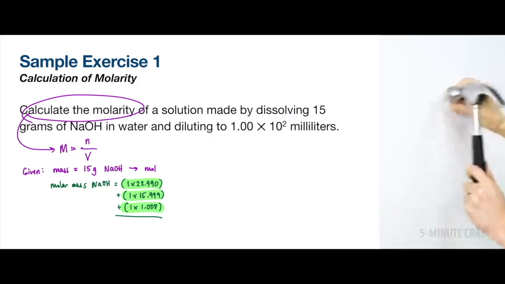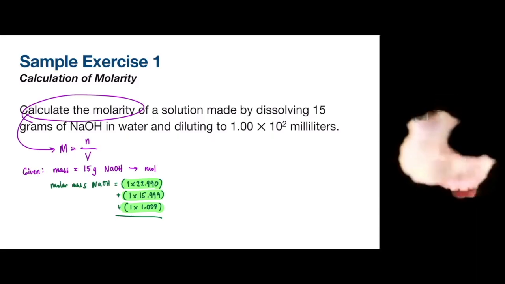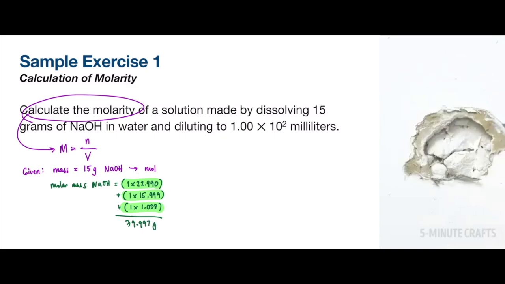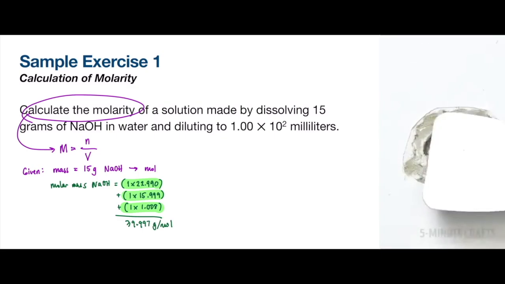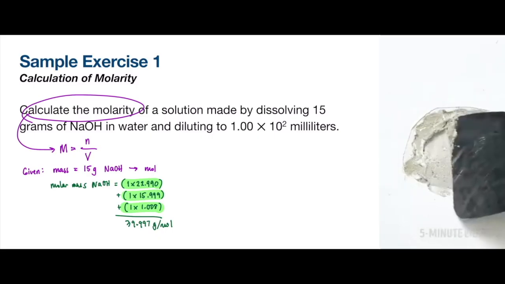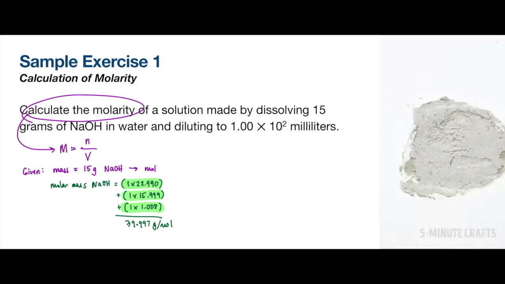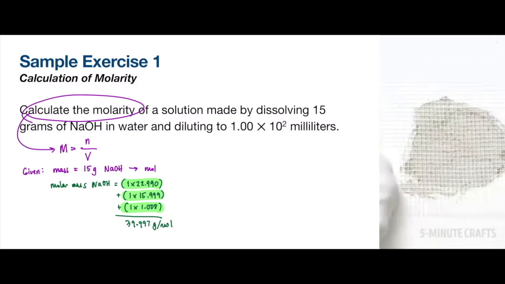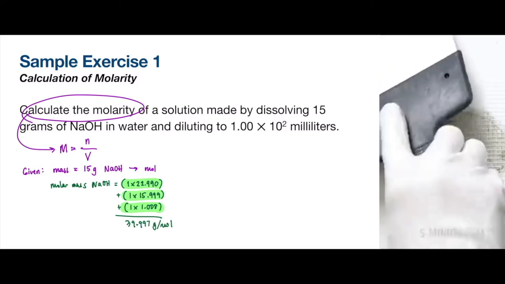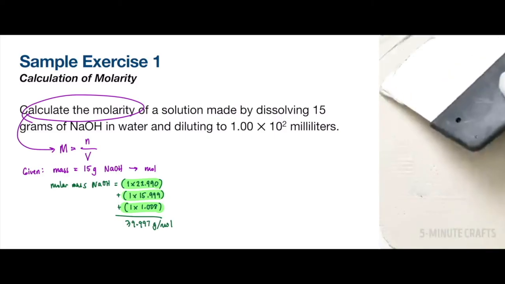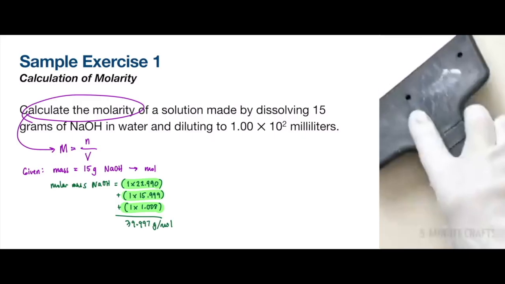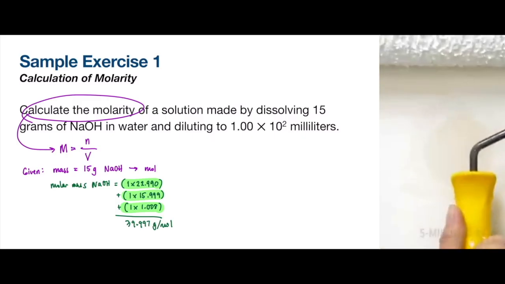Therefore, the molar mass of sodium hydroxide is equal to 39.997 grams per mole, meaning for every 1 mole of sodium hydroxide, it weighs 39.997 grams. And that is going to be our conversion factor in converting 15 grams of sodium hydroxide to moles of sodium hydroxide. So now let's convert.